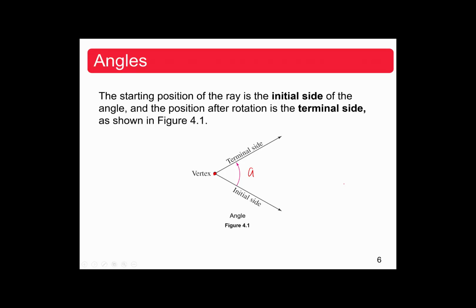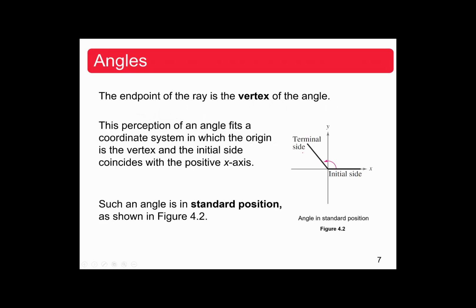So an angle needs three elements: vertex, initial side, and terminal side. The vertex is the initial point of the angle.